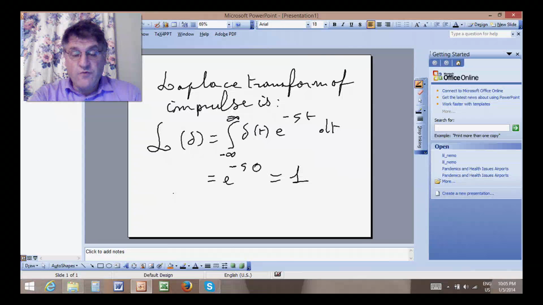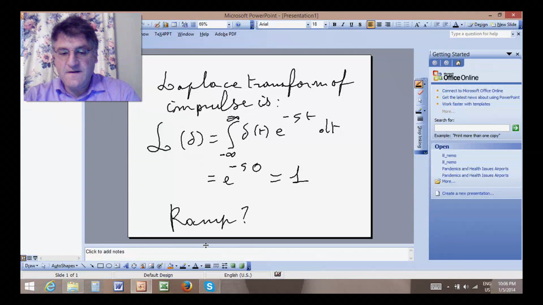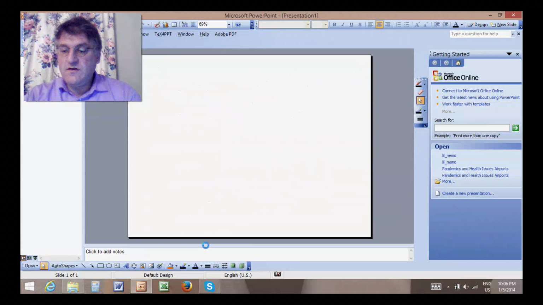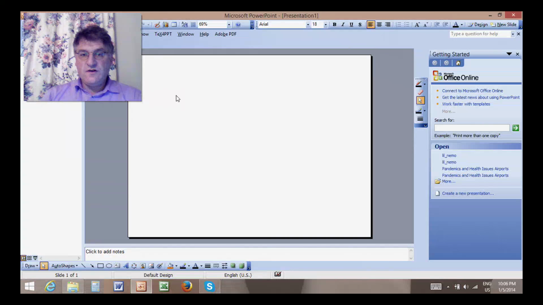We can try a few more things, like, for example, a ramp. So let's look at that. Okay, what about a ramp? First of all, a ramp looks like this.